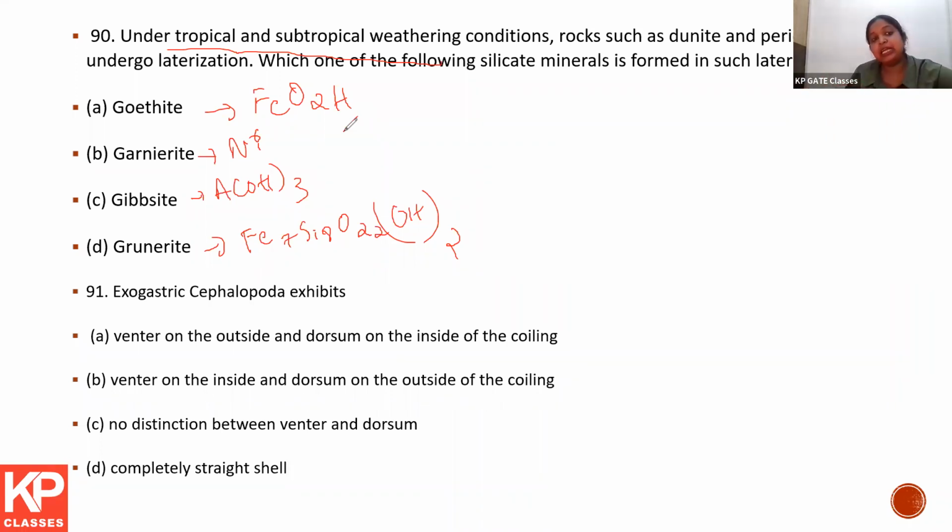So garnierite is the silicate mineral which forms by laterization of dunite and peridotite in subtropical or tropical climate. Laterization will only happen in tropical or subtropical environmental conditions. Those are formed from dunite and peridotite, and garnierite consists of nickel mineral. So the answer is B.